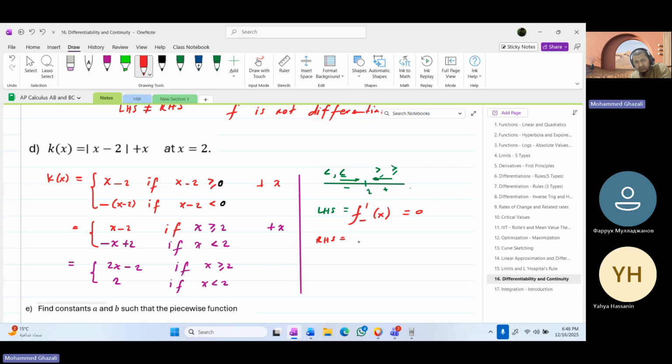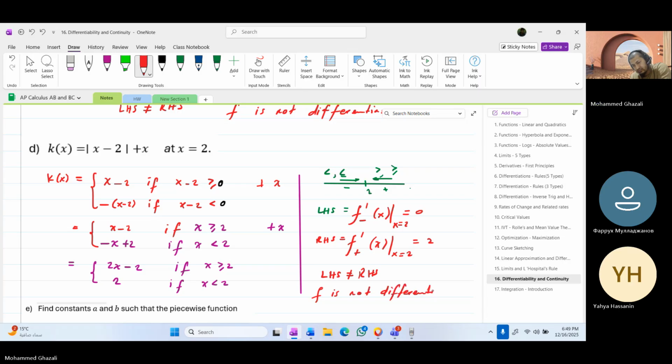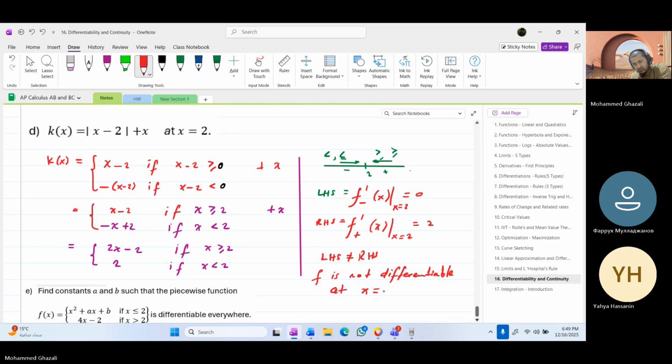The right-hand side function, f prime positive, we can put a vertical line, say x is equal to 2, right? Derivative from the right, which is positive. It's checking the right-hand side derivative. You just get 2. So clearly you can say left-hand side is not equal to right-hand side. So f is not differentiable at x is equal to 2.